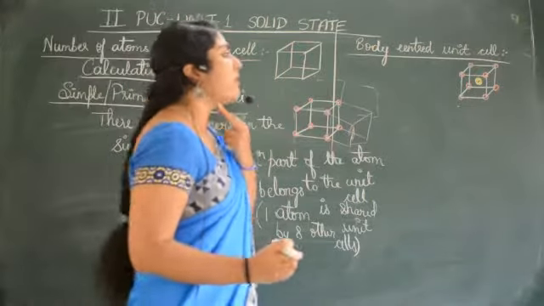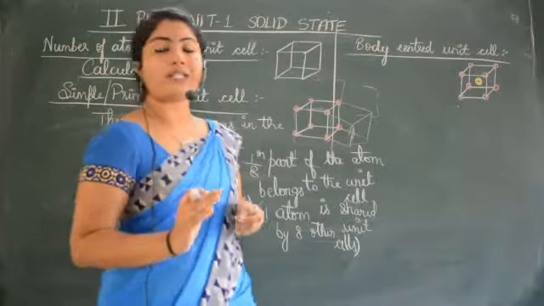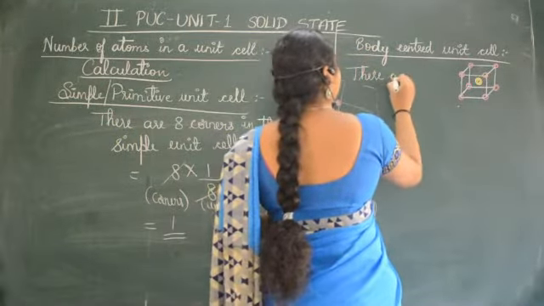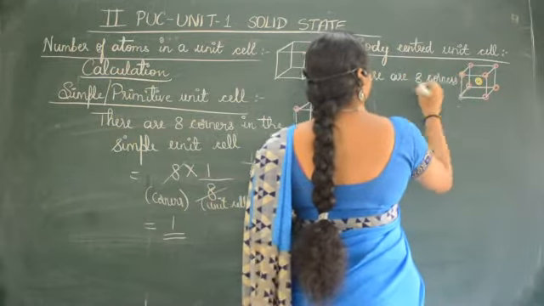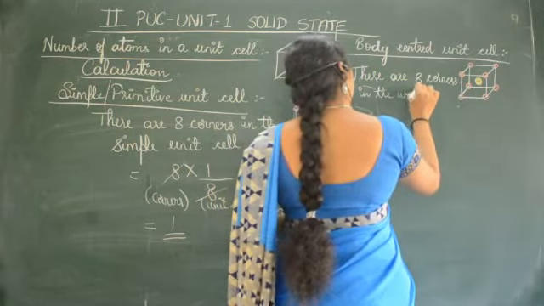Now you will have to calculate. Again you will write how many corners are there. There are 8 corners in the unit cell.